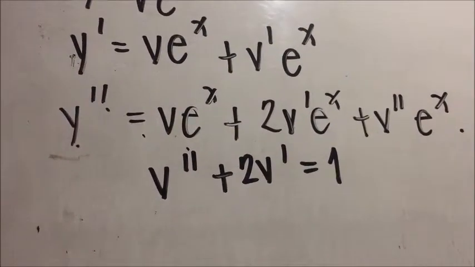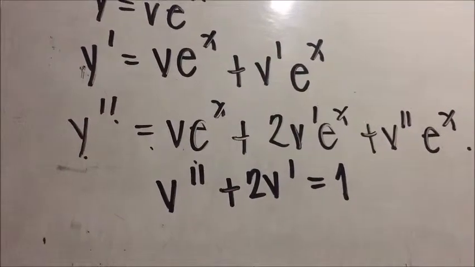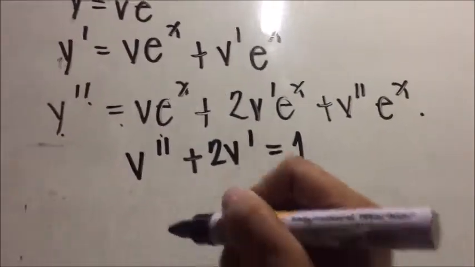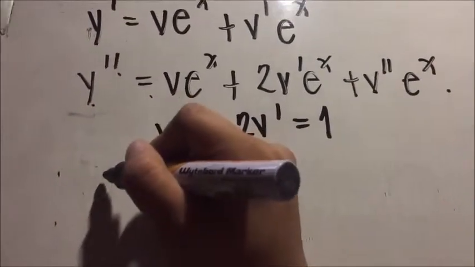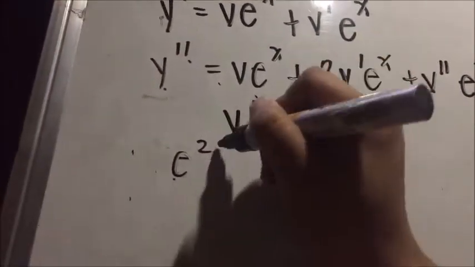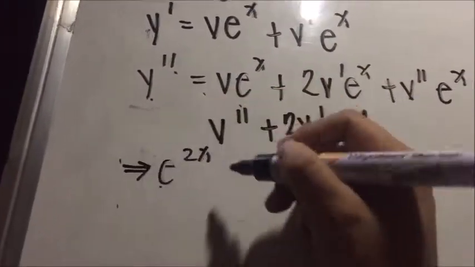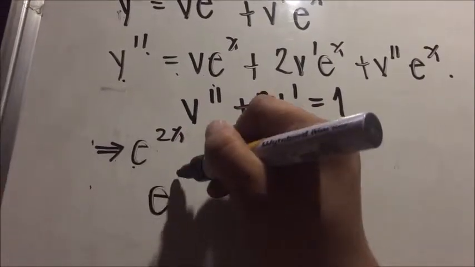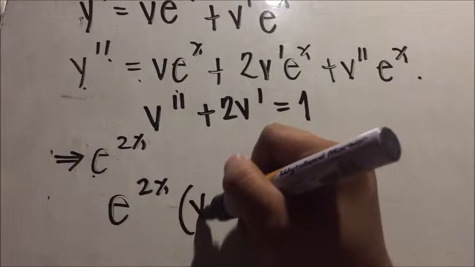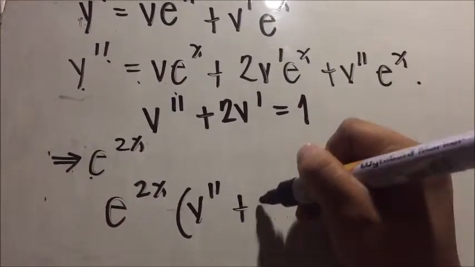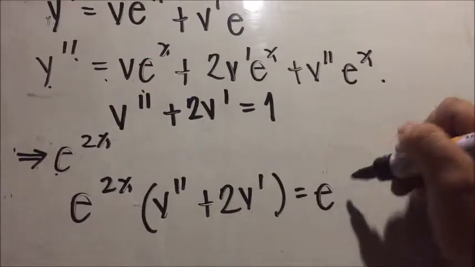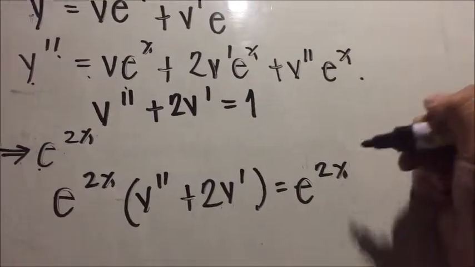Applying the integrating factor e raised to 2x yields e^(2x) times (v double prime plus 2v prime) is equal to e^(2x).